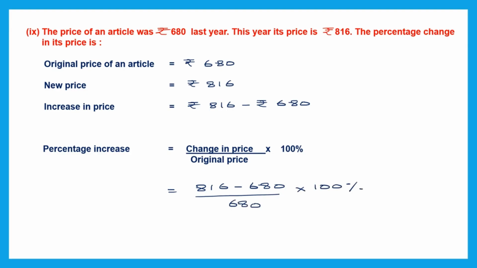So this is in one of the options here. So this will be our answer. So 816 minus 680 by 680 into 100%, and there is an increase. So in your option you have this word also, increases. So we will write that. So this is the answer, and this is option C. Option C. This is our answer.